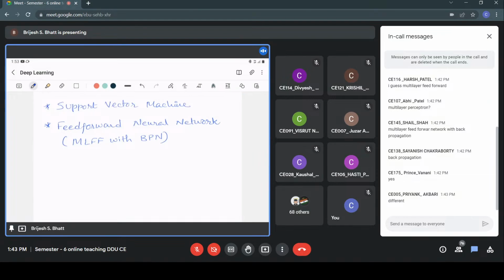Priyank says different, so they have different applications. Okay. Is there anyone who thinks that they are replaceable, like one can be used in place of another?